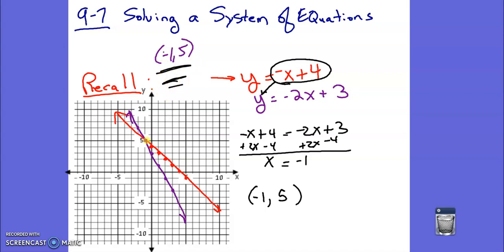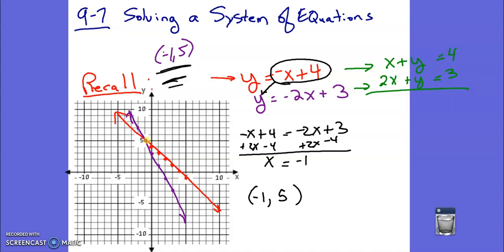Now, the third method that we did it by was elimination. So just want to remind you how to do elimination as well. We typically put these in standard form. So x plus y on the left side, and this one right here as well. And then what we did was we want to eliminate one of those variables.